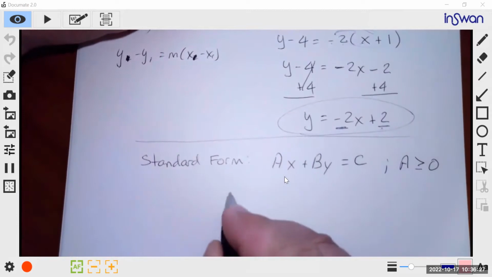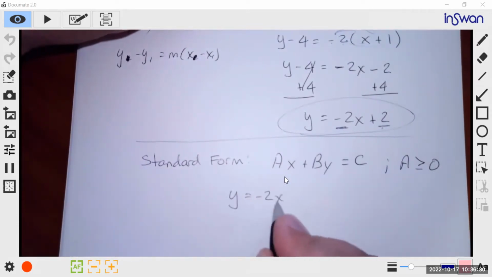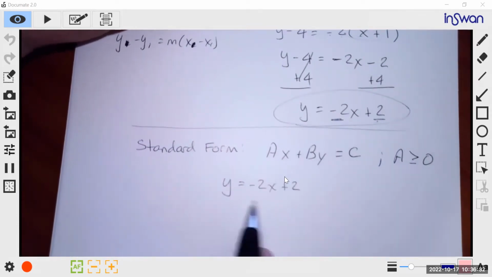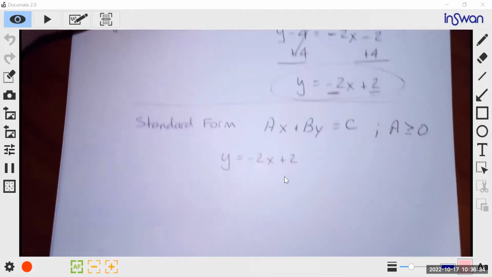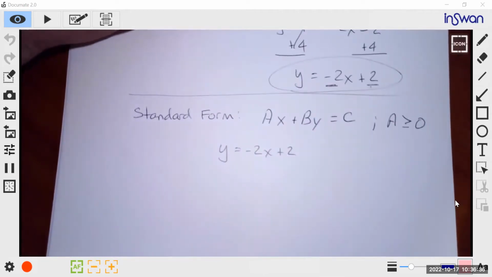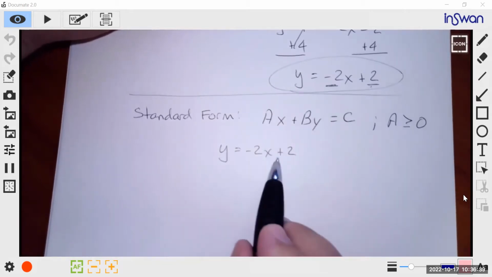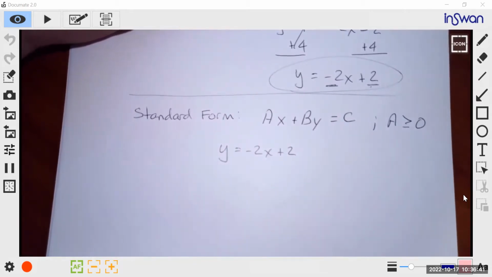So let's look at here. Put that now into standard form. Here's my answer in slope intercept form. Put it in standard form.